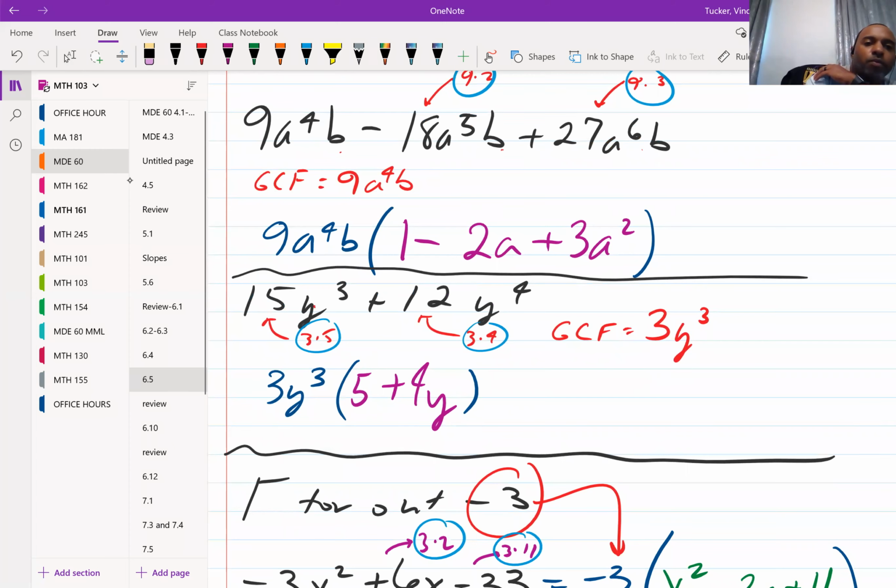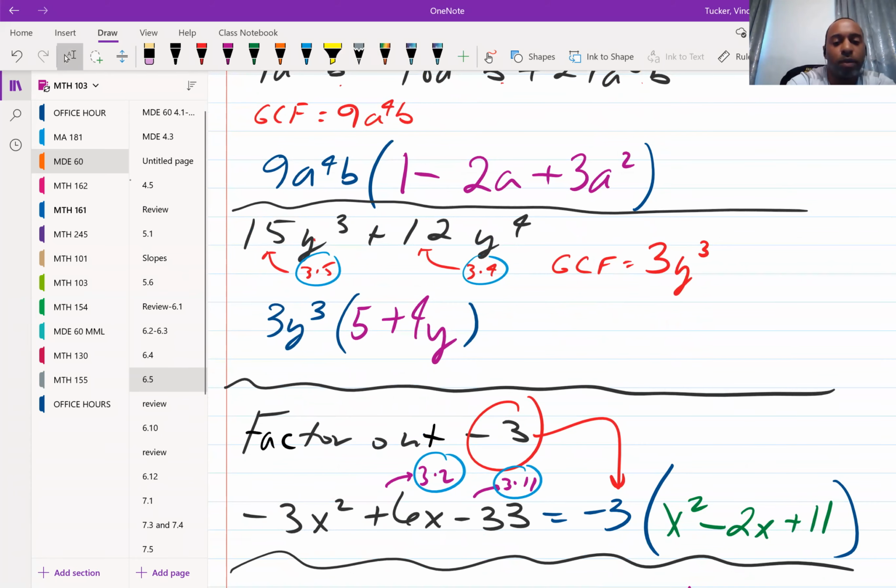So the next one, we have another situation where they tell us specifically what to factor out. They tell us to factor out -3 from -3x squared plus 6x minus 33.